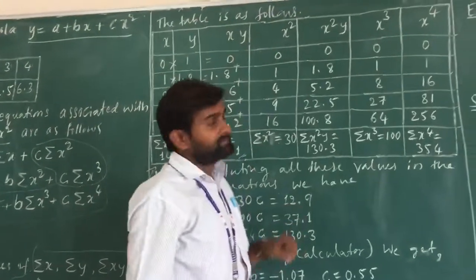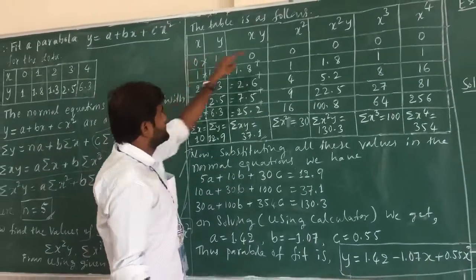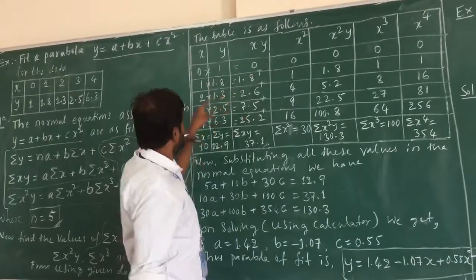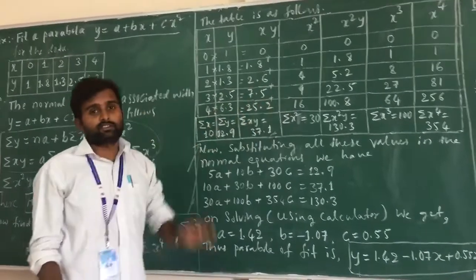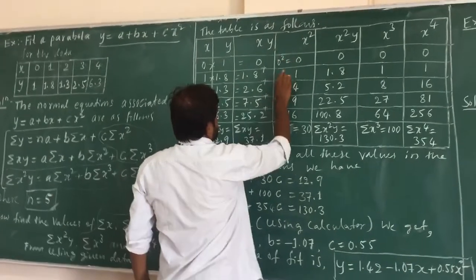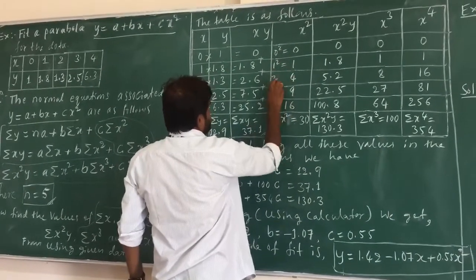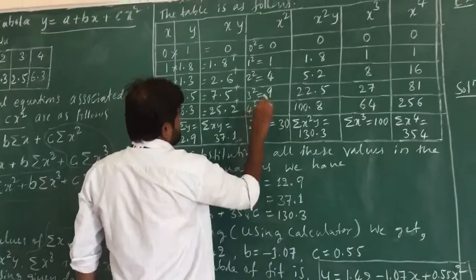Then x square. So 0 square is 0, 1 square is 1, 2 square is 4, 3 square is 9, 4 square is 16.